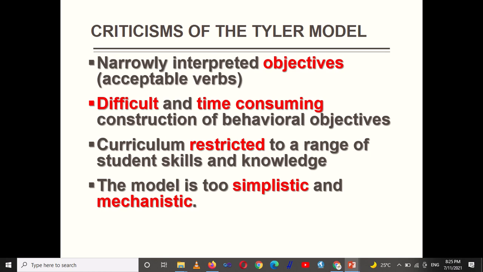The model is a straight line, so it's not flexible. Once you select the objectives and you select learning experiences and you feel there's a problem, you cannot go back to the objectives to change them. No. You need to go on, finish, evaluate, and then come back to the objectives again.